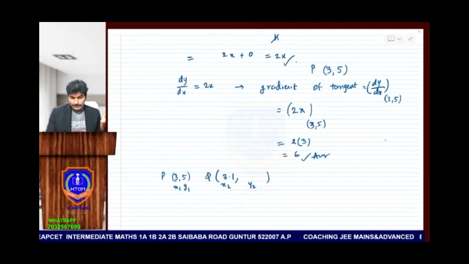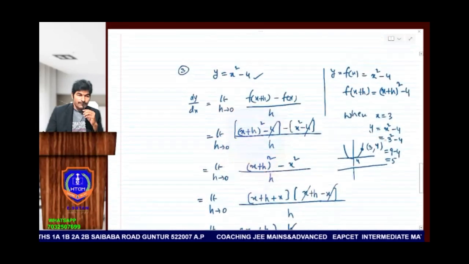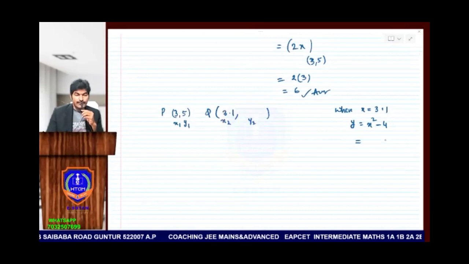We will substitute this 3.1 value in the definition. When x is equal to 3.1, what is the y value? The curve equation is often called the definition: x square minus 4.